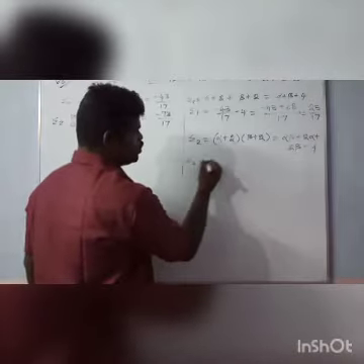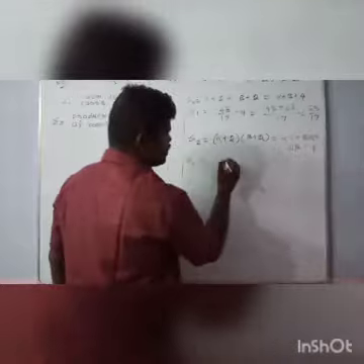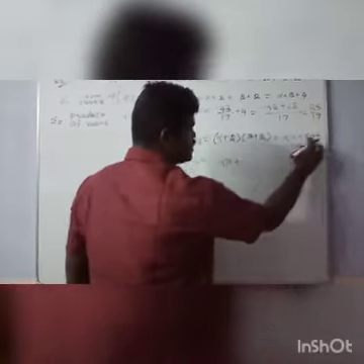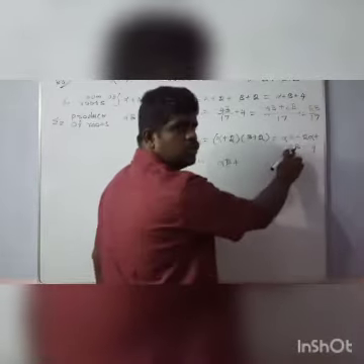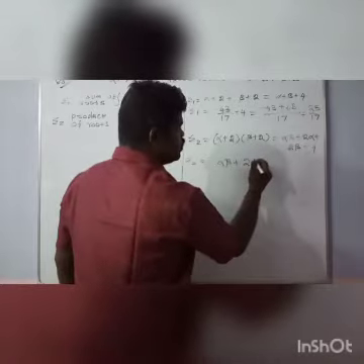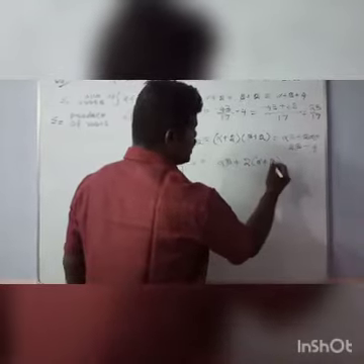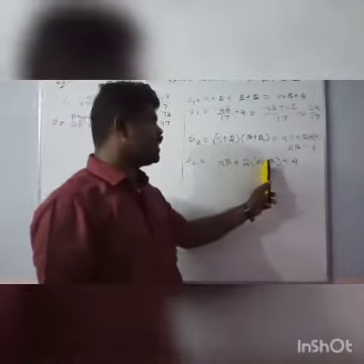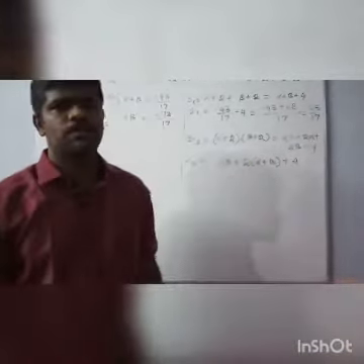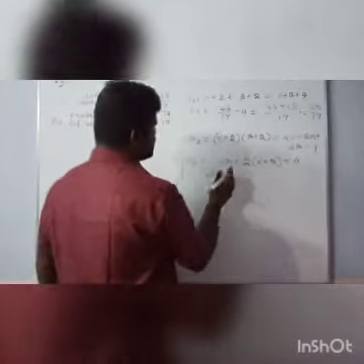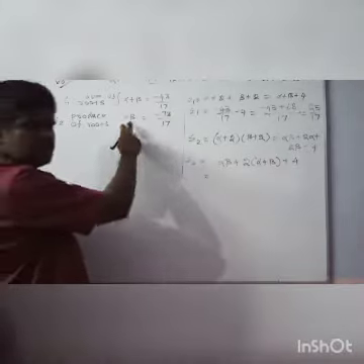Now summation 2 is alpha beta plus both these two terms, take 2 outside: 2 into alpha plus beta, plus 4. Alpha beta plus 2 into alpha plus beta plus 4. Now what is the value of alpha beta here?